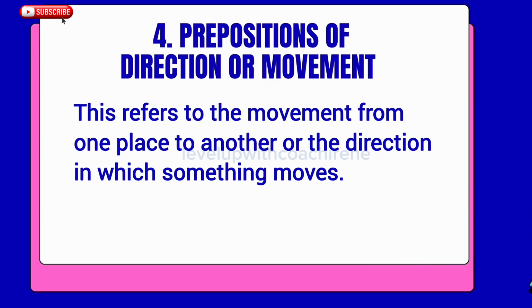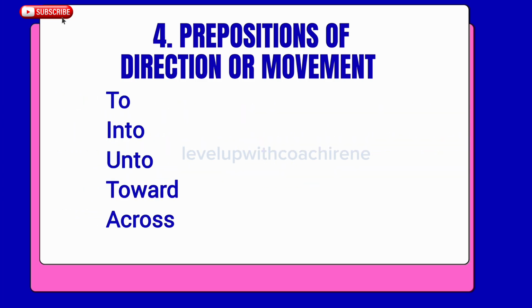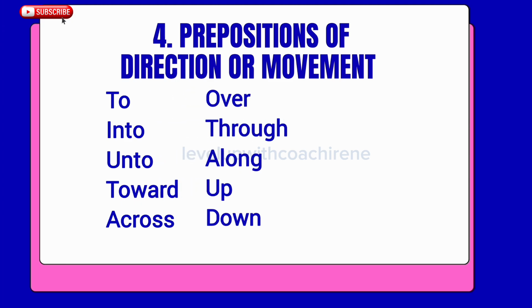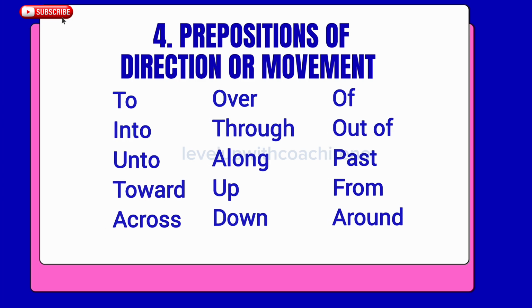They show how things or people move and where they go in relation to other things. They include to, into, onto, toward, across, over, through, along, up, down, off, out of, past, from, around.